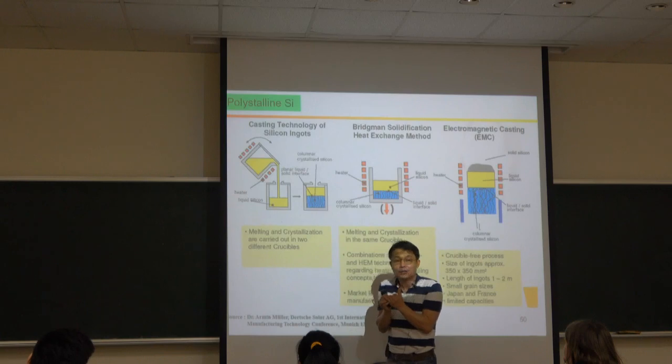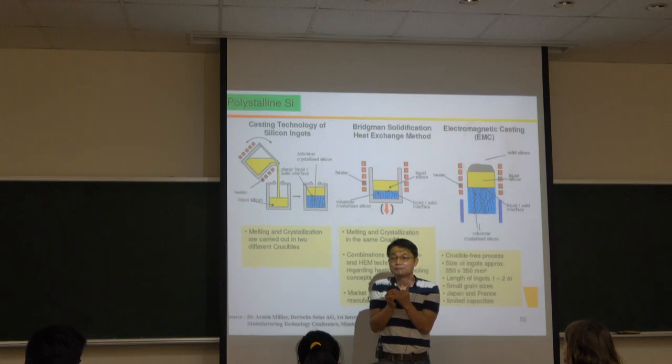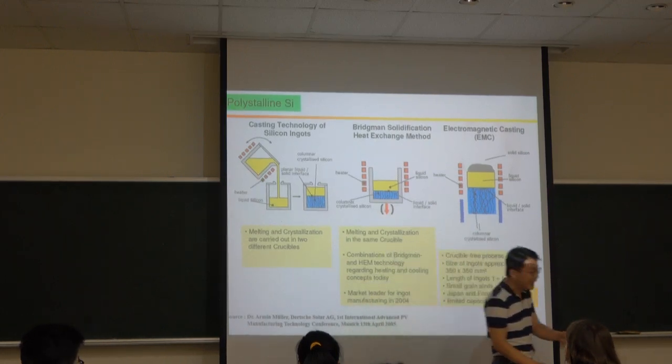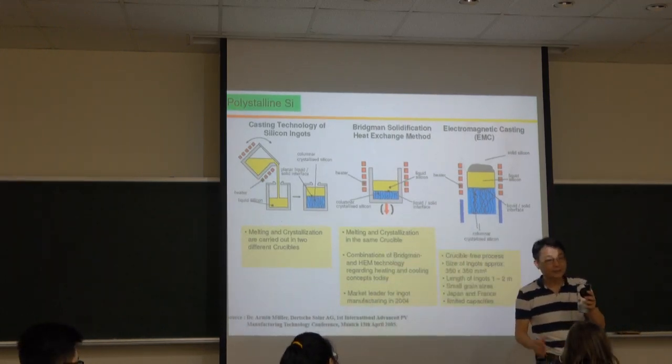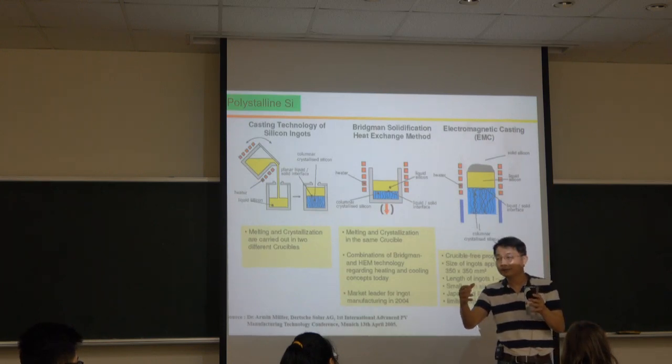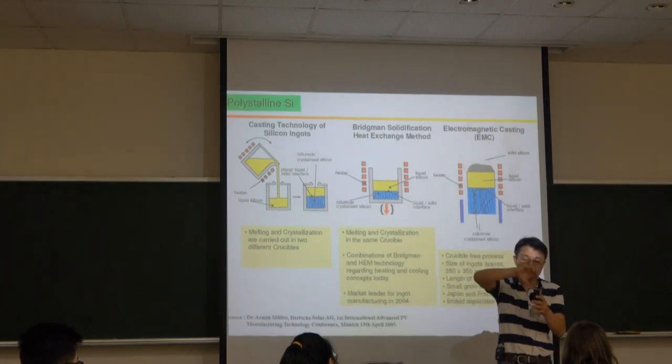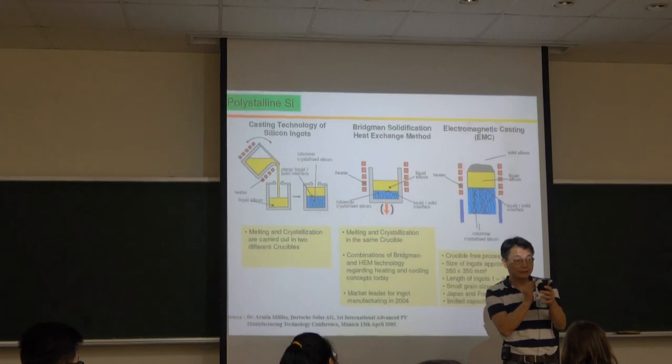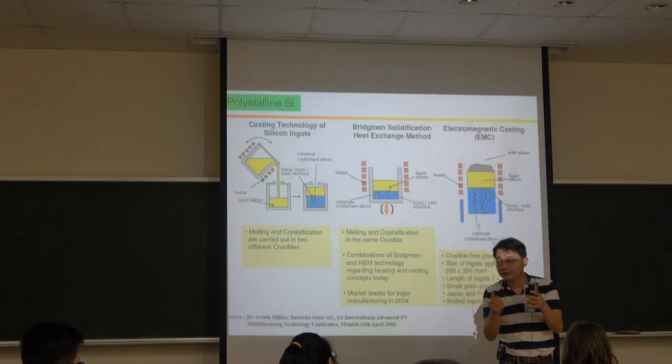So in order to reduce the loss of silicon, what can you do? For example, you want to do the casting, and you have the molten state of the silicon and pour it into this crucible. But surrounding the crucible area, there is a huge number of defects. Later on I will show you.